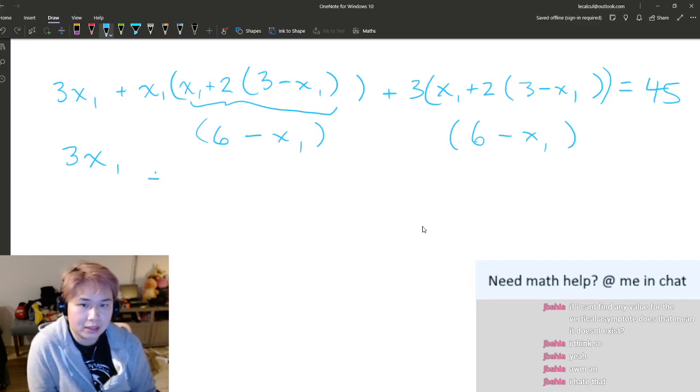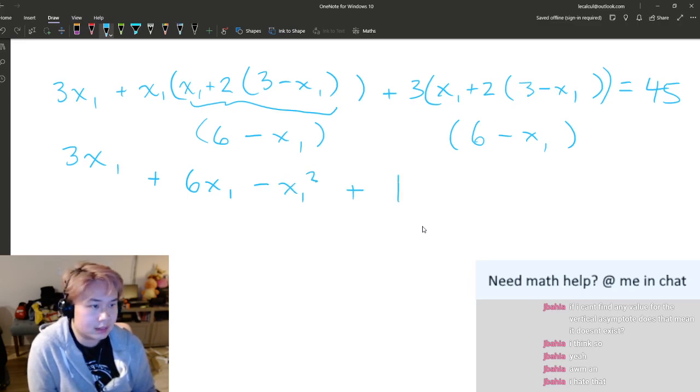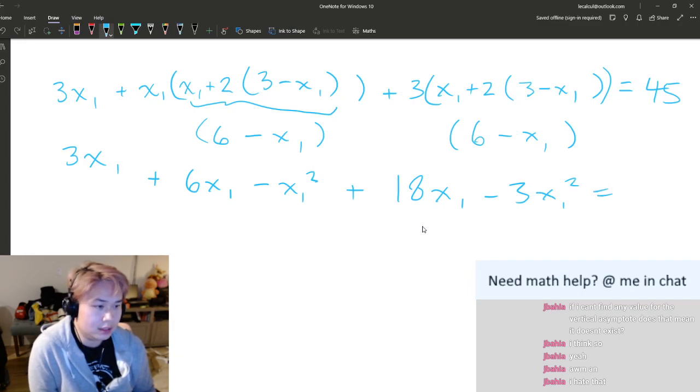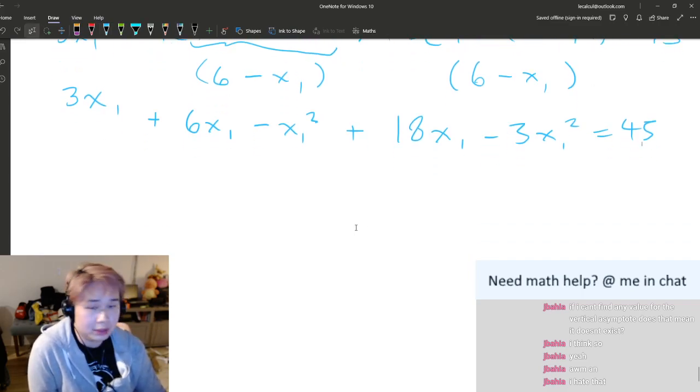So what do we got? 6x1 minus x1 squared plus 18x1 minus 3x1 squared equals 45. Okay, it wasn't as ugly as I thought it would be.